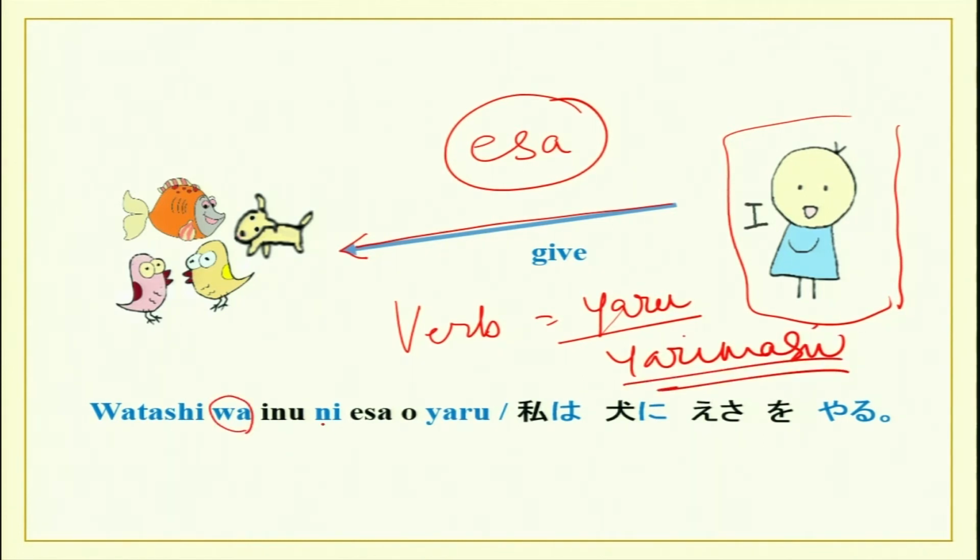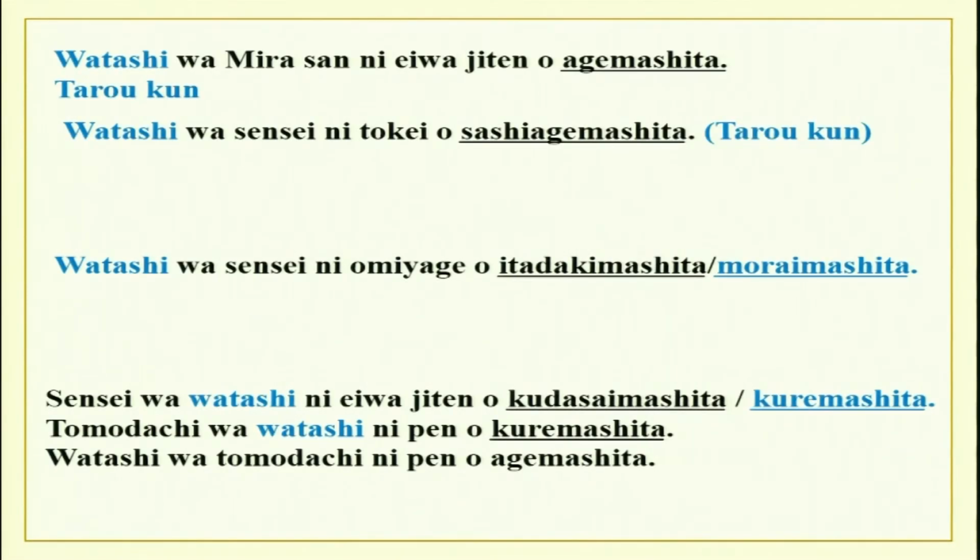Watashi wa inu ni esa o yaru or yarimasu. I give food to my dog, or if you have an aquarium at home, to your fish or to your birds. Now, you can quickly go over these sentences. I have already explained all of it in detail.